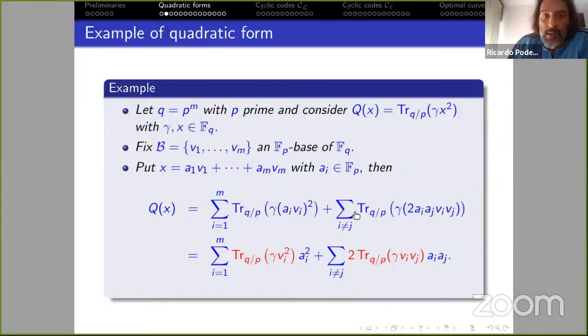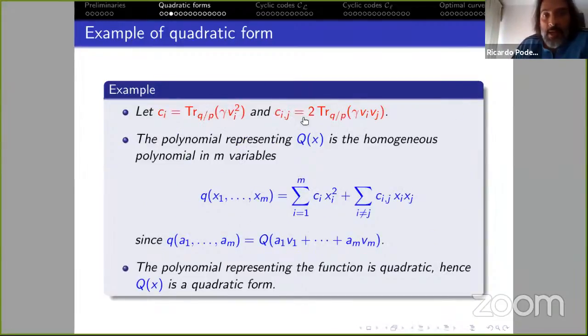Okay, and now using the properties of the trace, I can write this in this form. The a_j's, I can put the a's outside the trace. And so if I define this number to be c_i and c_ij, the polynomial representing the function Q(x) is the following homogeneous polynomial in n variables, okay?